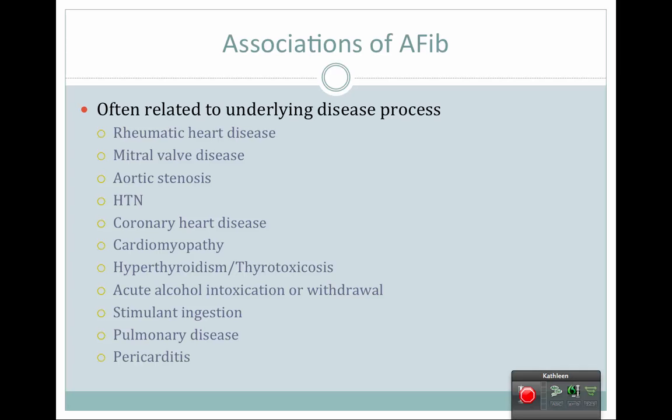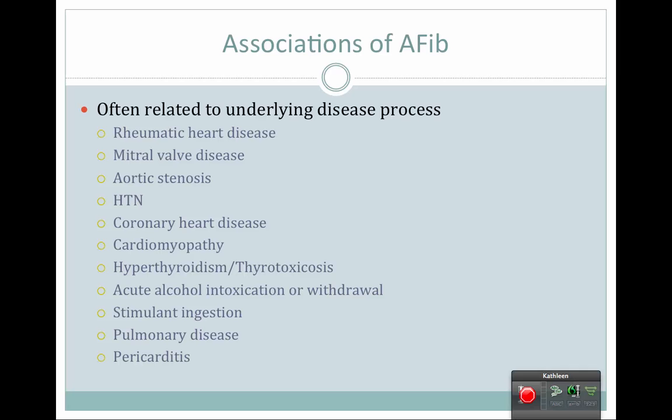Associations are often related to an underlying disease process, and that includes rheumatic heart disease, mitral valve disease, aortic stenosis, hypertension, coronary heart disease, cardiomyopathy, hyperthyroidism, thyrotoxicosis, and acute alcohol intoxication or withdrawal.